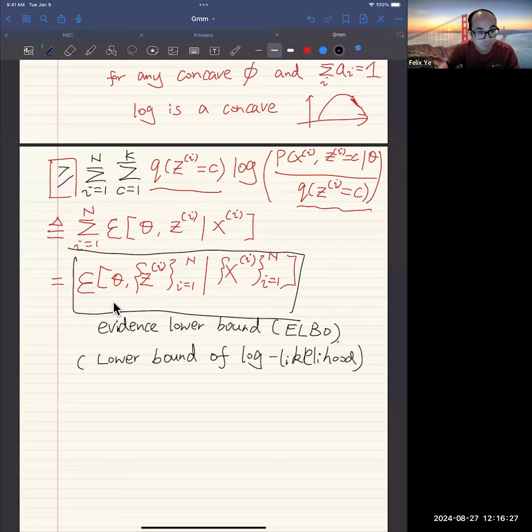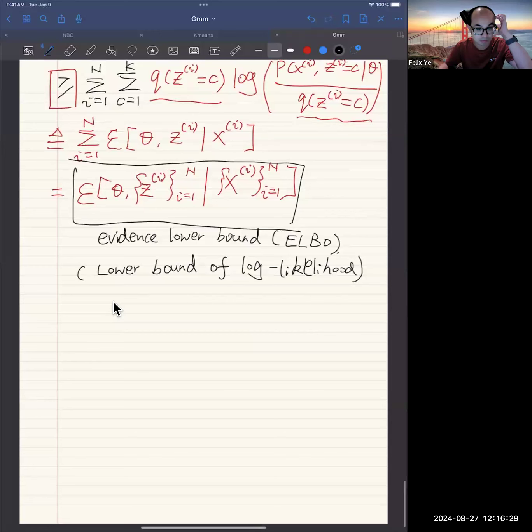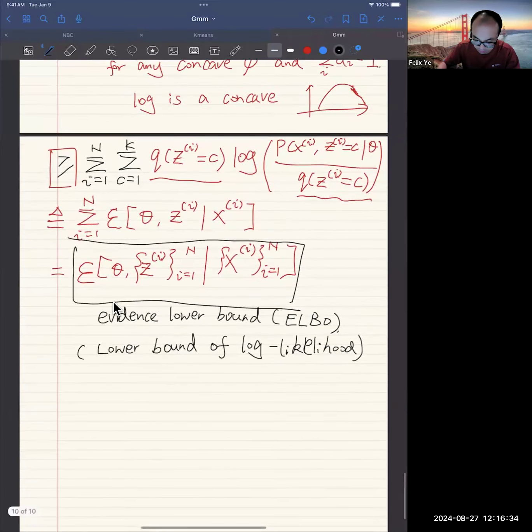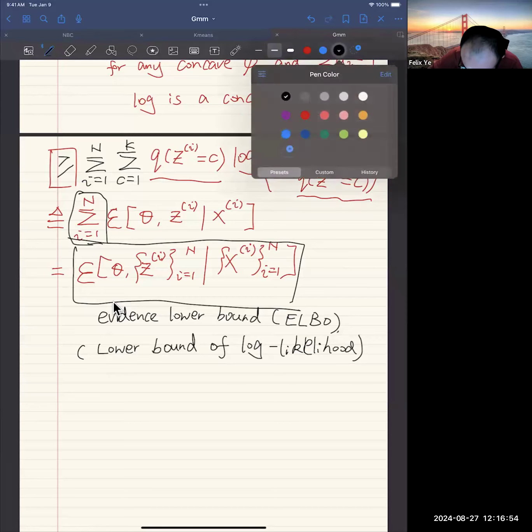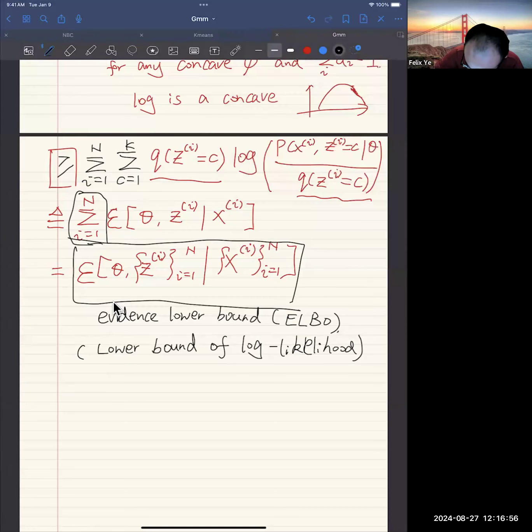Okay, we see this lower bound is a summation of n terms, so we can expand it out to see each in detail. Let's consider this portion in great detail.